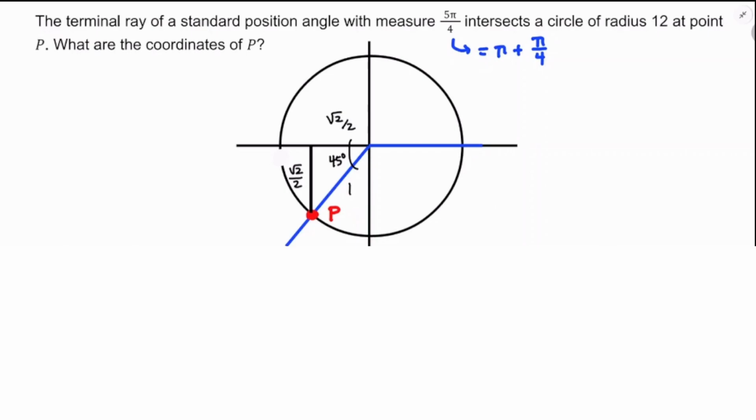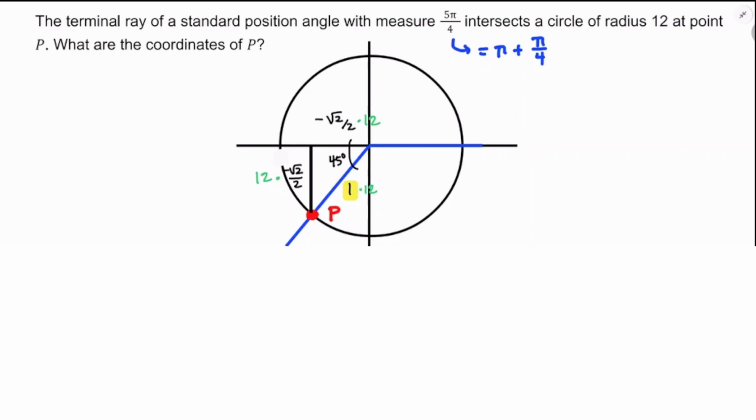Okay, and I'm going to think about it. They're both going to be negative because I'm over here in the third quadrant. All right, but I know in reality this 1 is not accurate. It's a circle of radius 12. So what I'm going to do is scale this circle up by a factor of 12.